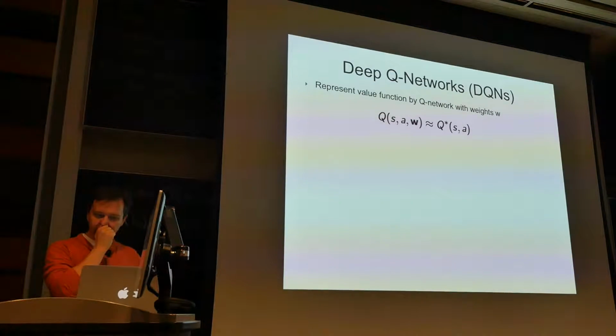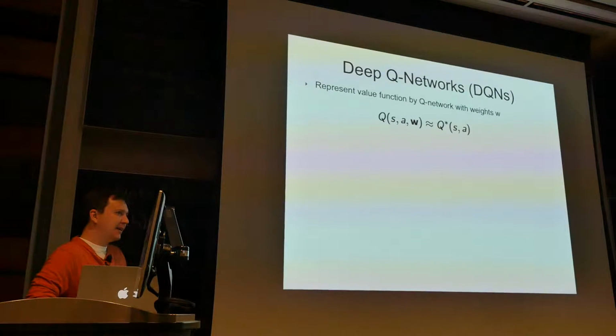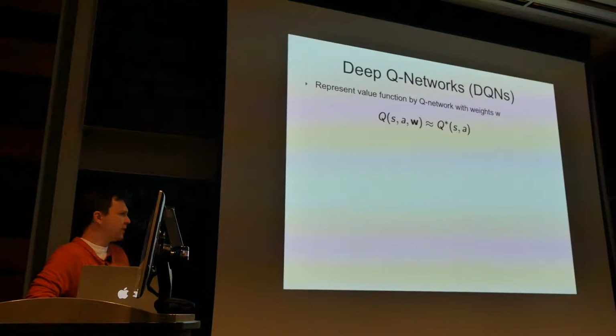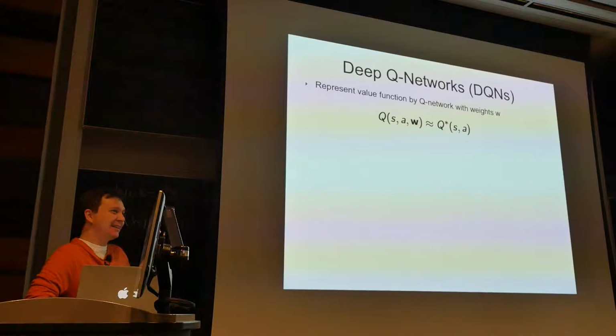Okay, so deep Q networks. This came out in the last few years, I think in 2013, 2014, and it actually works surprisingly well. Nobody expected these models to work so well.